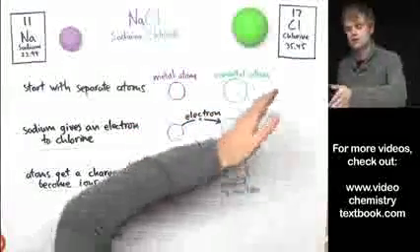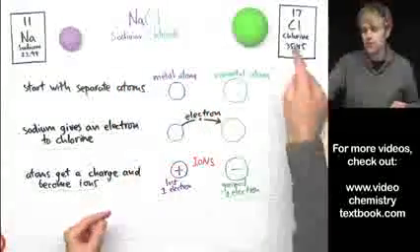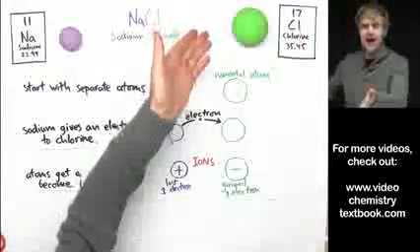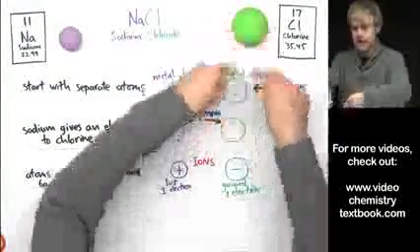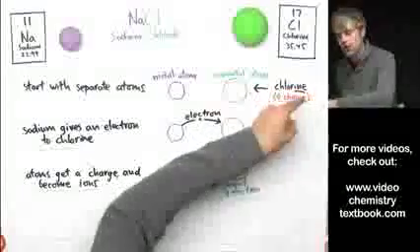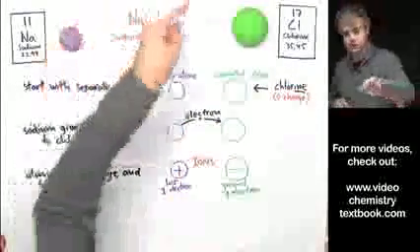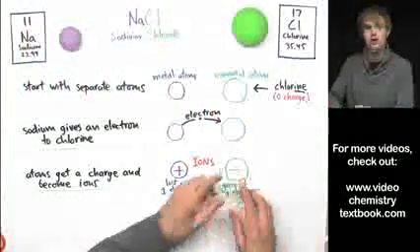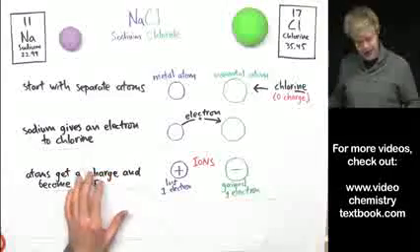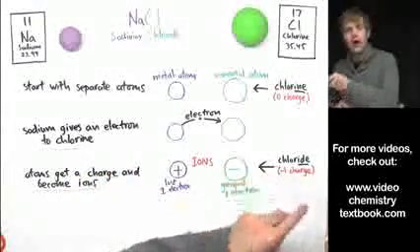Now here's where the difference between chlorine and chloride comes in. Chlorine is what we call the chlorine atom when it's neutral. So up here, this non-metal atom, just hanging out, is chlorine, with zero charge. But down here, after it's received one of the electrons from sodium, it gets a negative charge. It becomes a negative ion, and now we change its name just a little bit. We call it chloride.